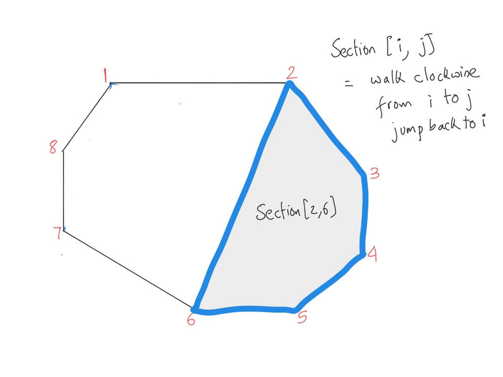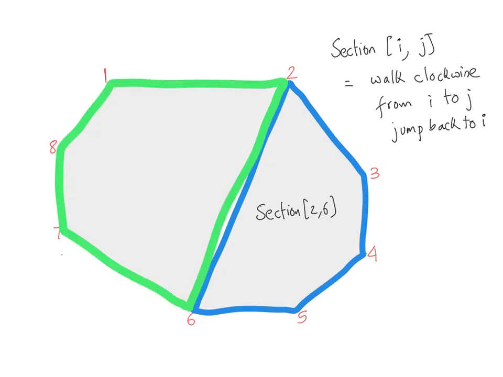On the other hand, if you looked at the section 6,2, that would be given by the following. You would have to walk clockwise from 6 to 2 and then return back to 6, and that would be section 6,2.